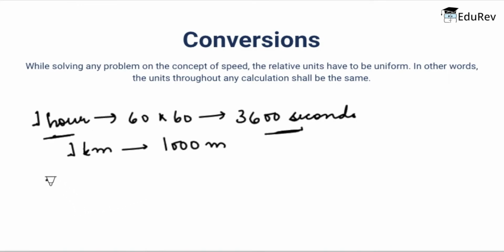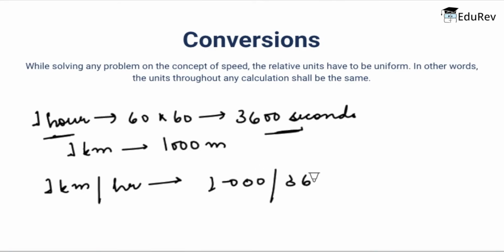So 1 kilometer per hour is nothing but 1000 upon 3600 meters per second. That is 5 upon 18 meters per second.